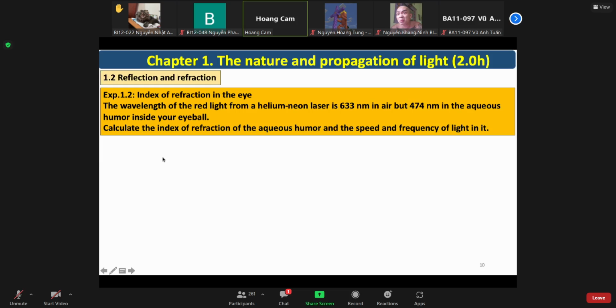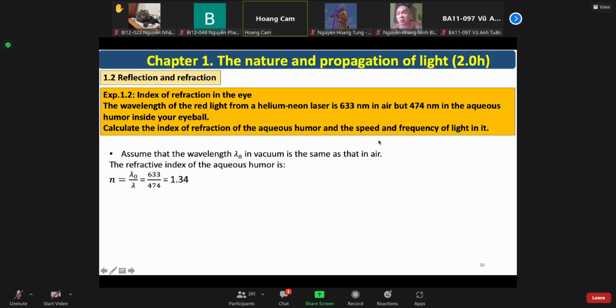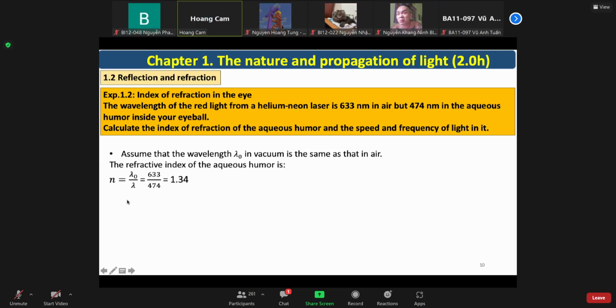Yeah, so Nguyễn Nhật Anh just mentioned he used the relationship of the wavelength and the refractive index of different materials given by this formula, right? So we got lambda equals lambda 0 divided by n. We can deduce that the refractive index is equal to lambda 0 divided by lambda, and it is equal to 1.335.